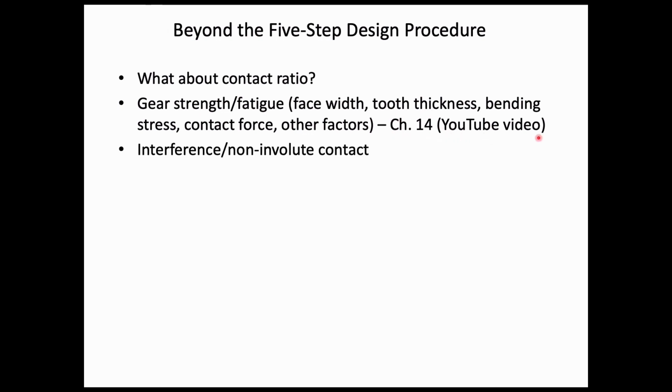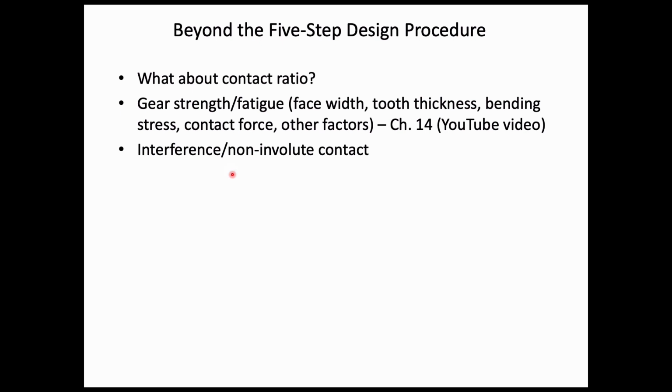We need to consider what's called interference. We're going to cover this in some more detail in the next lecture. This addresses a possible situation where the contact point between two gear teeth could be where the shape is not an involute. And remember, the involute shape is only definable outside of the base circle.